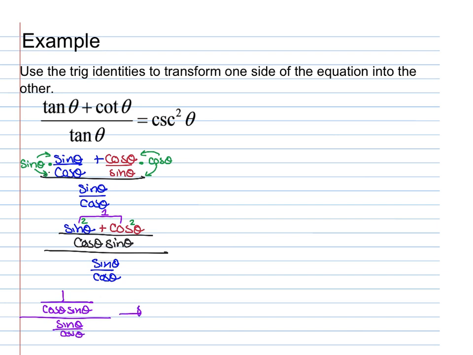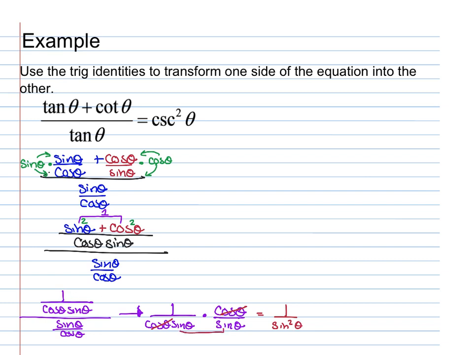And the next step, which I'm going to go to the side because I have no room, is I'm going to leave the numerator fraction like it is. So I'm going to have cosine theta sine theta. I'm going to take the reciprocal of the second one. So the cosines are going to go on top and the sines are going to go on the bottom. And then these cosines could reduce because they're being multiplied. And now I'm going to have 1 over sine squared theta because I have two.